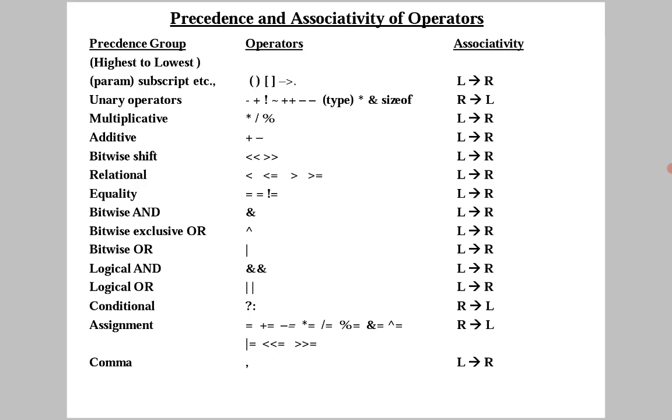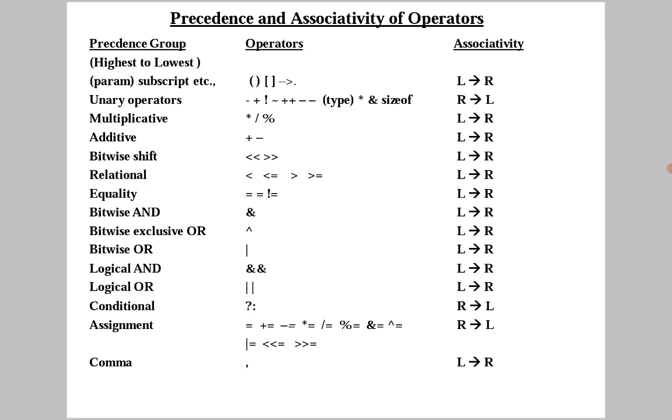All these formulas or expressions are generally evaluated from left to right or right to left. In an expression, the evaluation or the precedence is generally from left to right or from right to left.